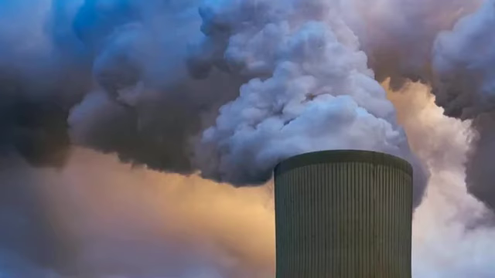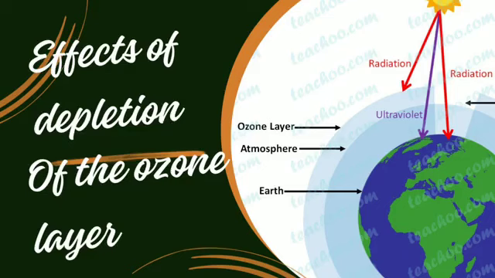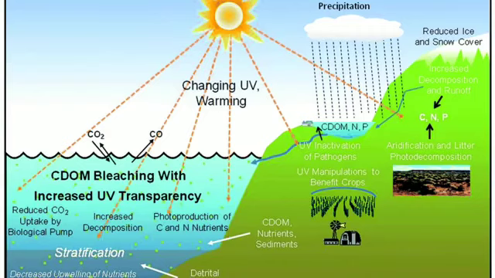Now we are going to look at the effects of ozone layer depletion. The depletion of the ozone layer allows the ultraviolet rays of the sun to enter into the Earth's atmosphere, which therefore results in both environmental and health issues. Some of the major effects of ozone layer depletion are as follows. 1.